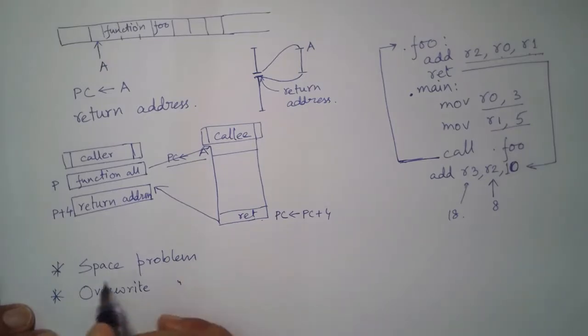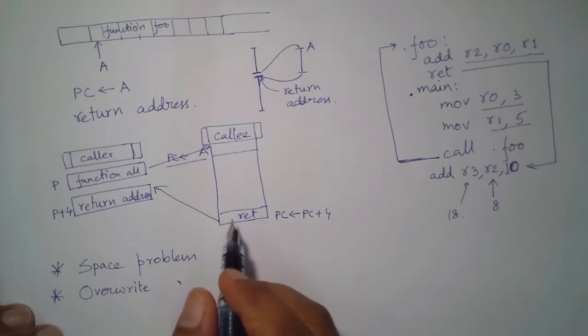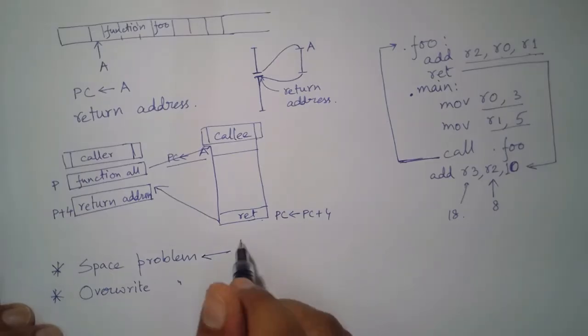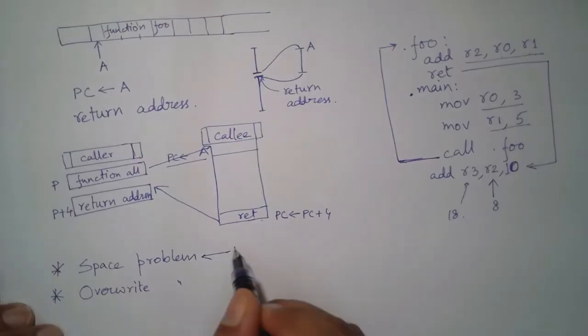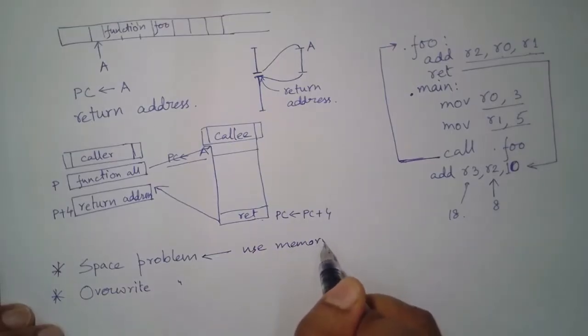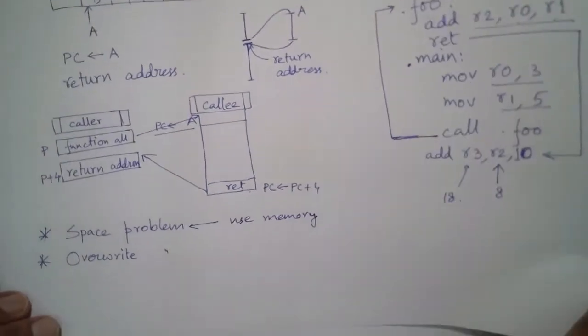So, to solve these problems, to solve this space problem, instead of restricting ourselves to the 16 general purpose registers, we can use memory also. We will see how we can use memory.